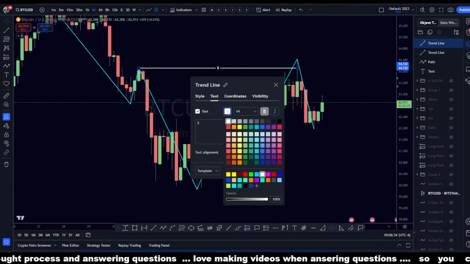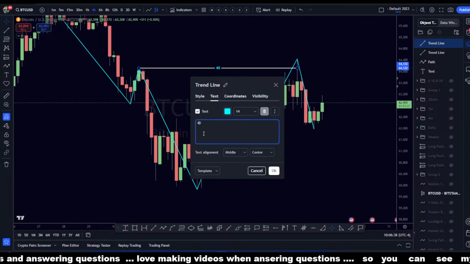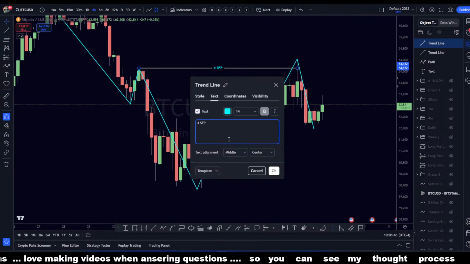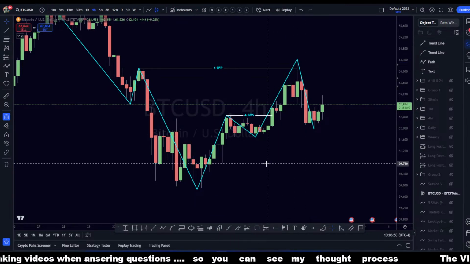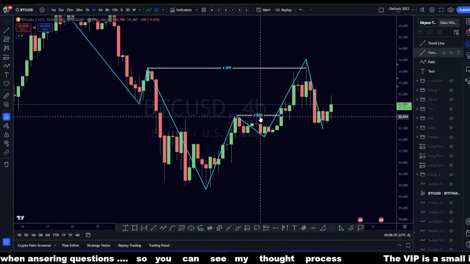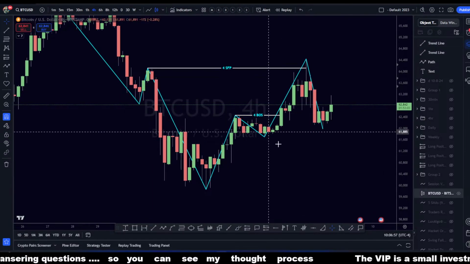We're going to change this color to a blue, and then we're also going to put 4. And then we'll put this one SFP. And that's a 4-hour BOS.